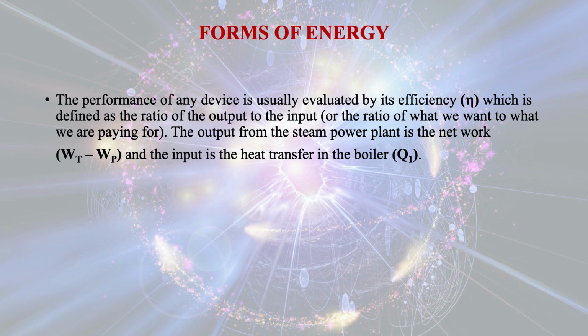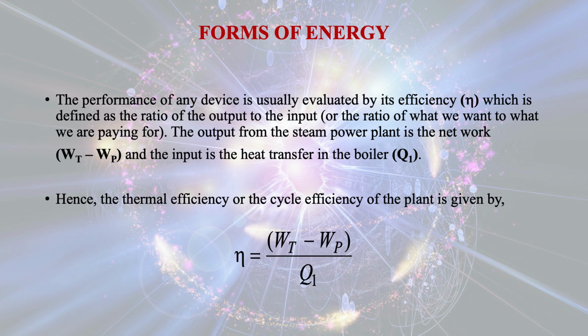The output from the steam power plant is the net work, that is WT minus WP, and the input is the heat transfer in the boiler, that is Q1. Hence, the thermal efficiency or the cycle efficiency of the plant is given by eta equal to (WT minus WP) divided by Q1.